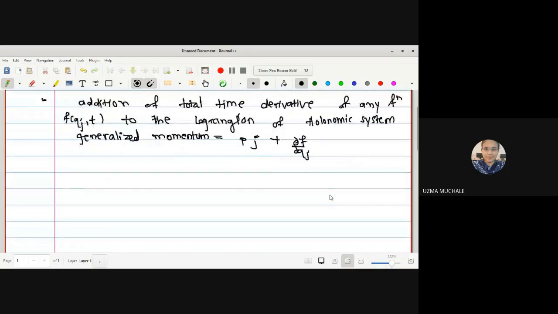So what is our aim to find out? The new Lagrangian L dash. With the help of this new Lagrangian L dash, which is a function of L plus the total derivative of some function, that is f of qj and t, we have to show that the generalized momentum, say pj dash, will be equal to pj plus dou f by dou qj. Have we understood the question?